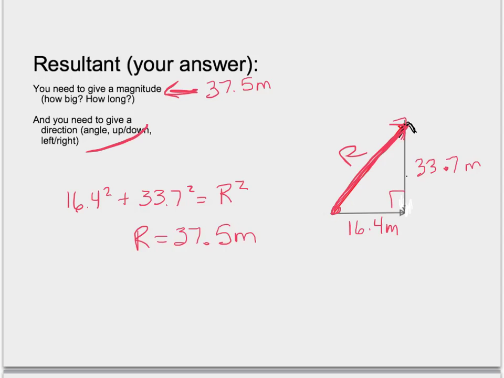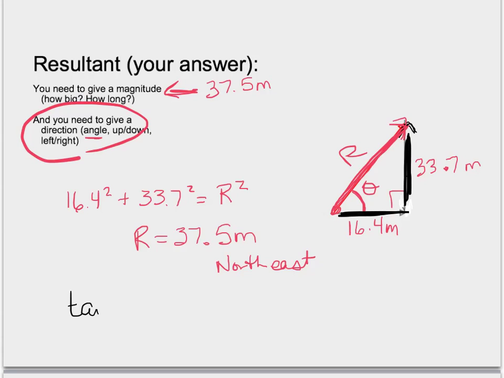But we also need to give an angle. Okay, we have to give a direction, and our direction includes the angle. We already know that it's east and north, so this would be northeast. We're always going to put the up-down direction first, and we need to get this angle. So do you see here we have the adjacent and we have the opposite, so we're going to use the inverse tangent.